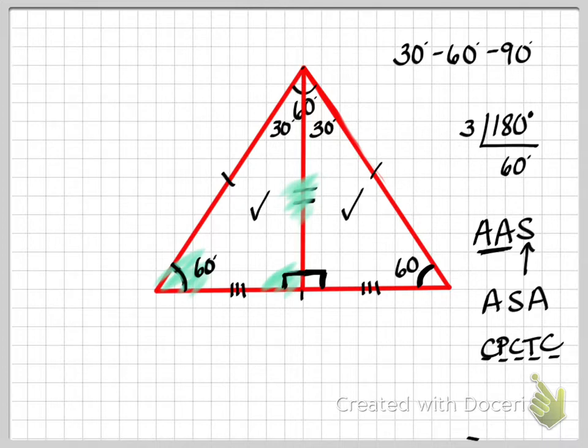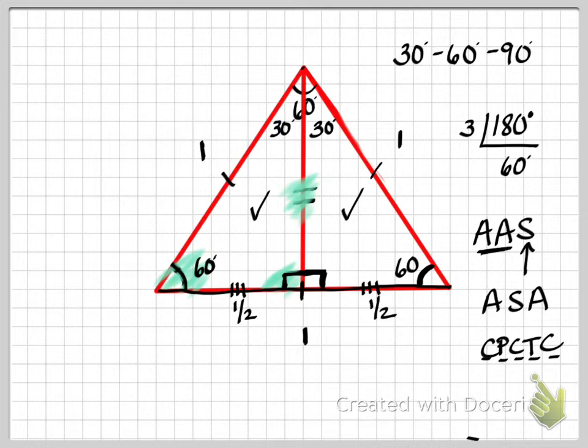And if each side is of length 1, then this bottom, this base that it's sitting on, when I bisected that 60-degree angle, I also bisected this side of length 1, and I made both of these portions a half.